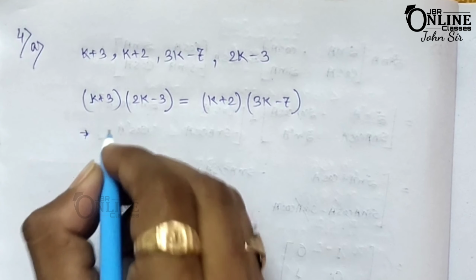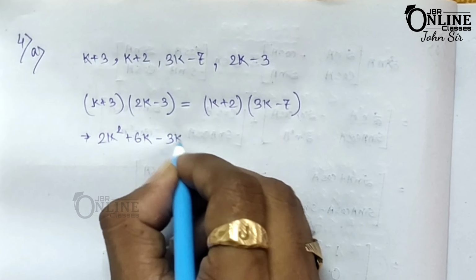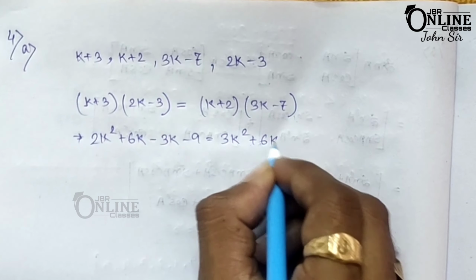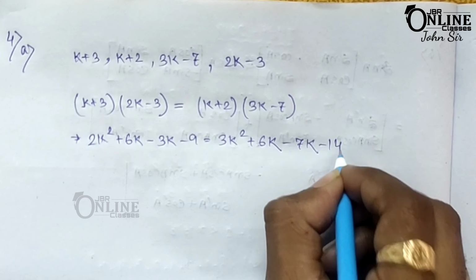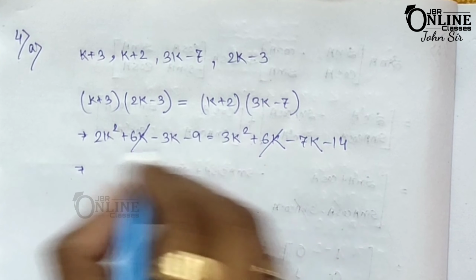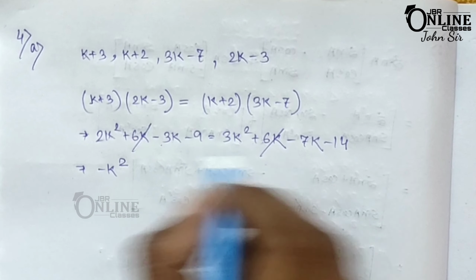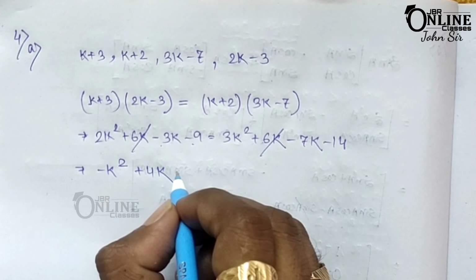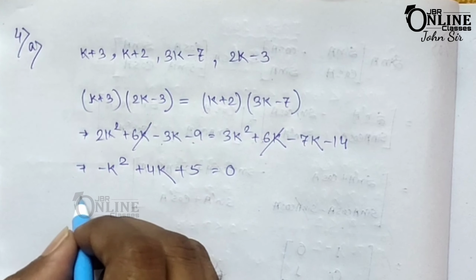Okay, so now multiply: 2k square, 6k minus 3k minus 9, here 3k square, 6k minus 7k minus 14. 6k will cancel out, so 2k square minus 3k square becomes minus k square, here minus 3k, so it becomes 4k, minus 9 plus 14, so it becomes plus 5.